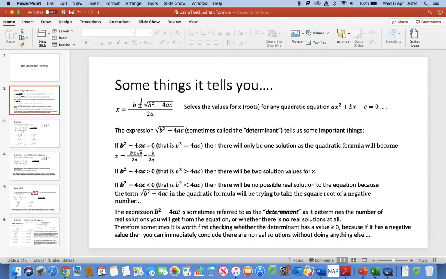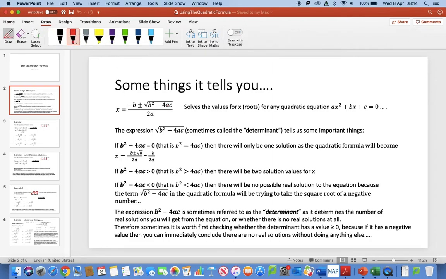Anyway, let's move on. So we've got the quadratic formula. Whether we know how it's derived from completing the square or not, this is the quadratic formula. And we can use that formula to solve any quadratic equation. And it enables us to avoid needing to factorize the quadratic through any of the means that we've talked about.